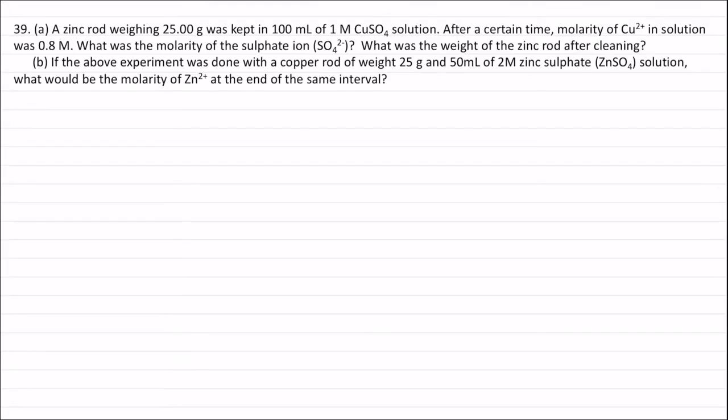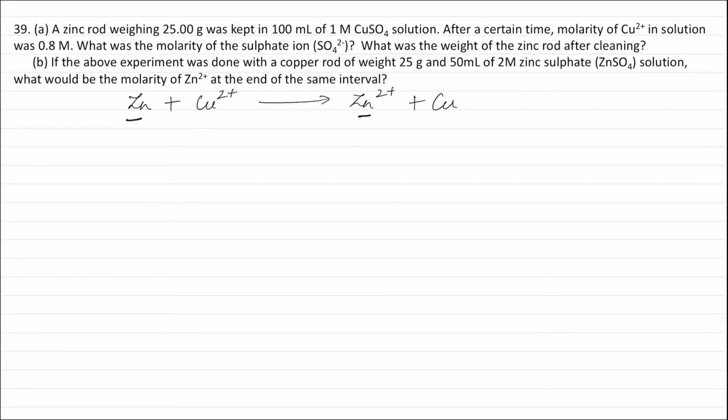Zinc is more reactive than copper, so zinc will displace copper from copper sulfate. Therefore, zinc plus Cu2+ ion will form Zn2+ ions plus copper. As can be seen, zinc is in 0 oxidation state and it gets oxidized to +2 oxidation state.